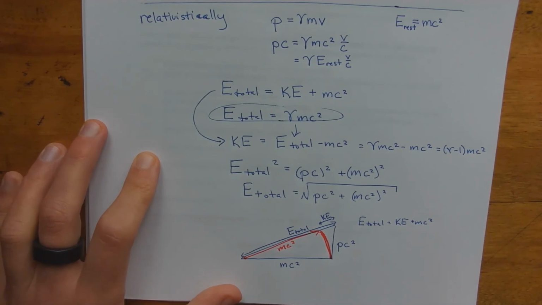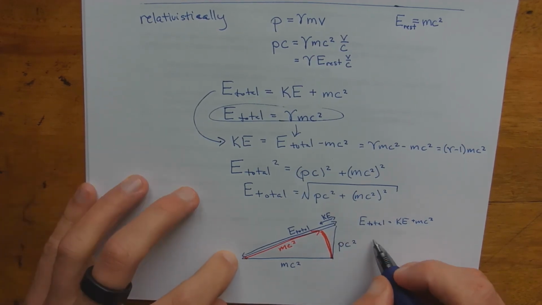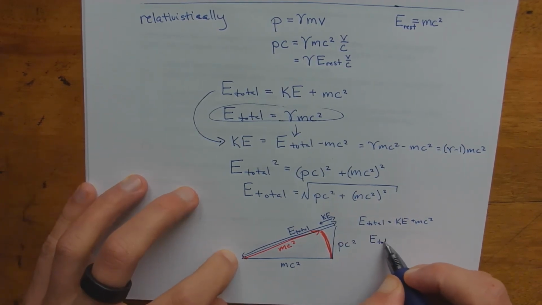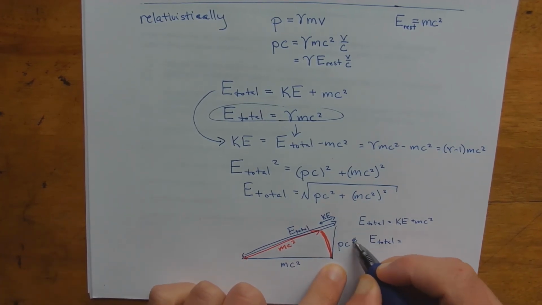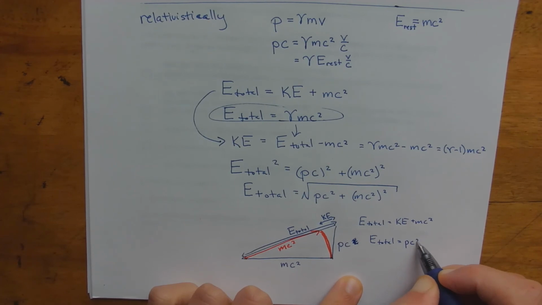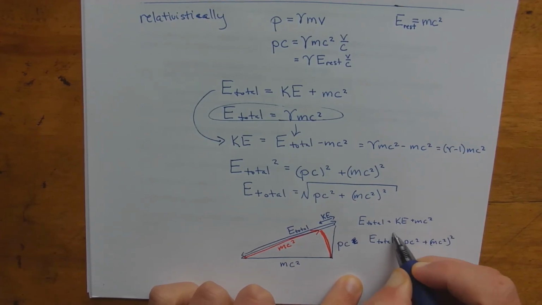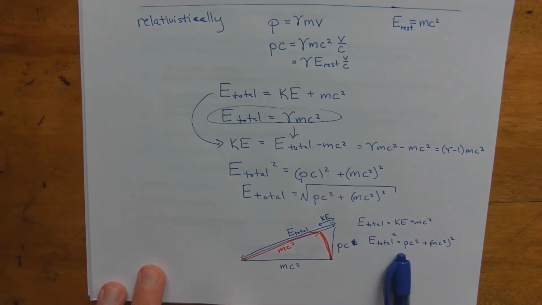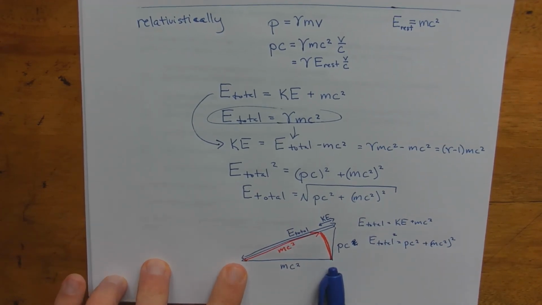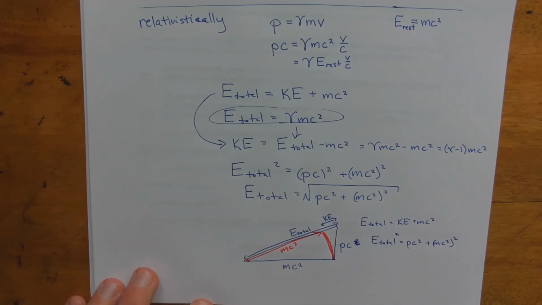And then by using the Pythagorean theorem, we can say the hypotenuse E total is equal to, whoops, this is just supposed to be pc. This is equal to pc squared plus mc squared squared, and that would be the hypotenuse squared.